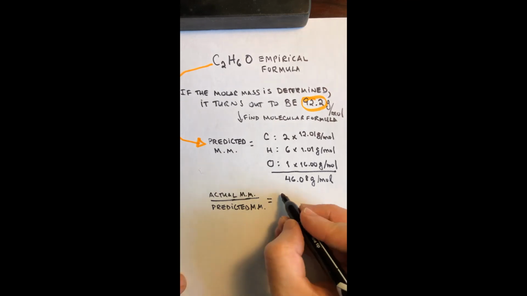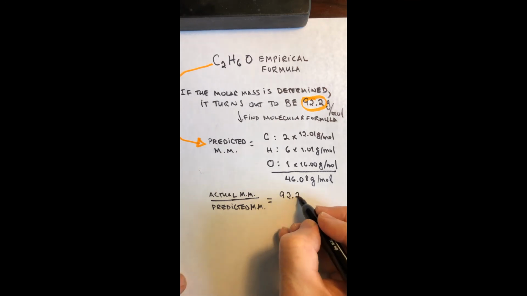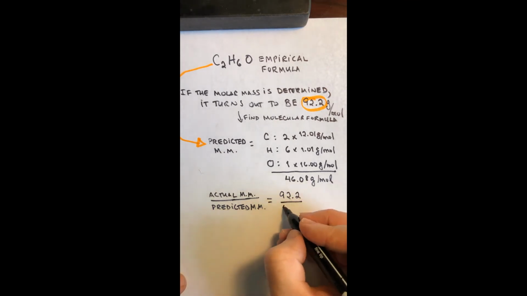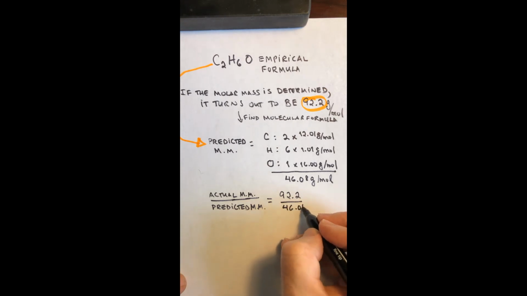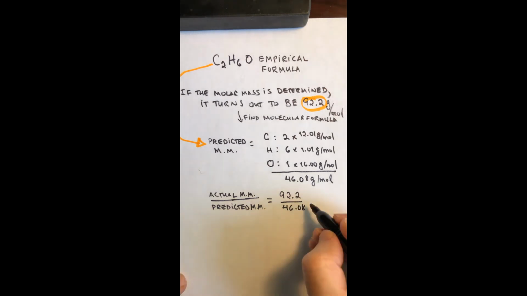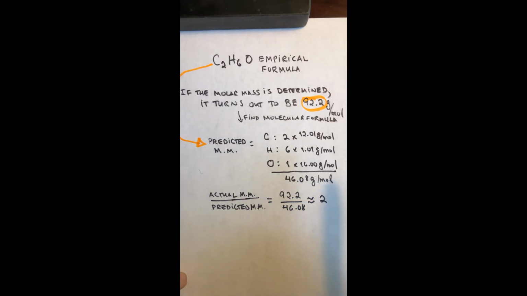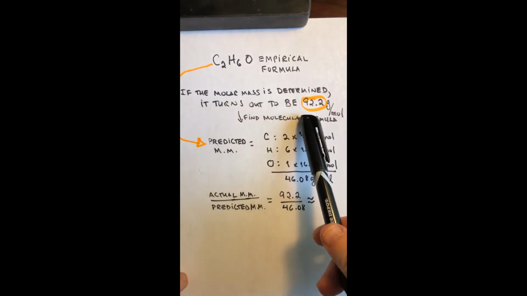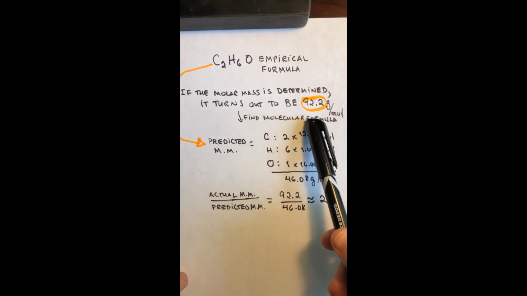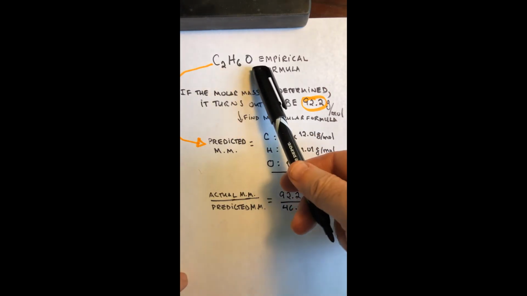And that would be 92.2 divided by 46.08. You can do this in your head. You realize that it's almost 2. In other words, whatever this compound is, its molecule is as if you had this formula duplicated.